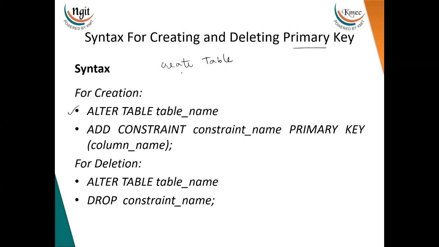So these are the two syntaxes we have for defining a primary key. And one more: if I would like to delete the primary key, then we will use alter as a command in combination with drop. Let me take an example and explain it better during the execution of the primary key part.